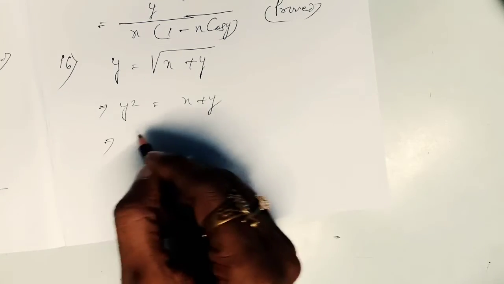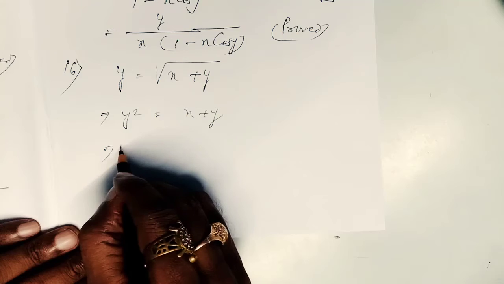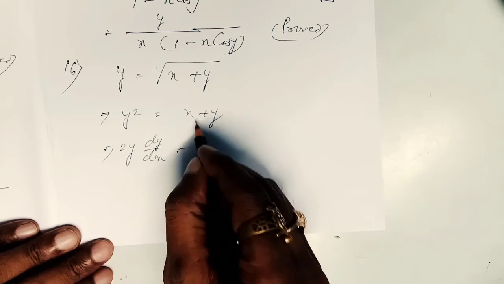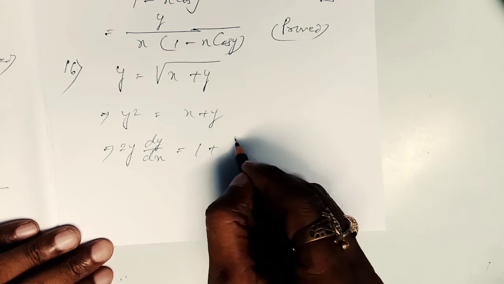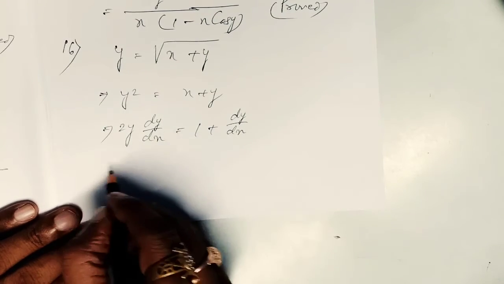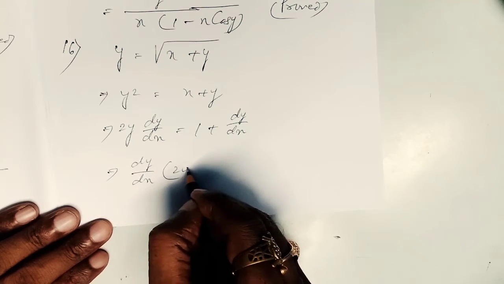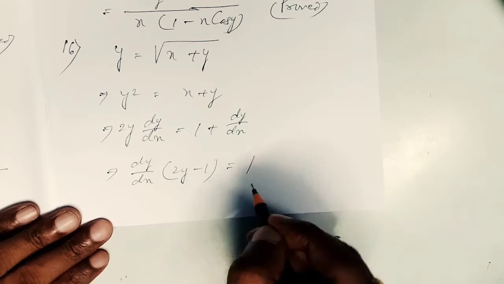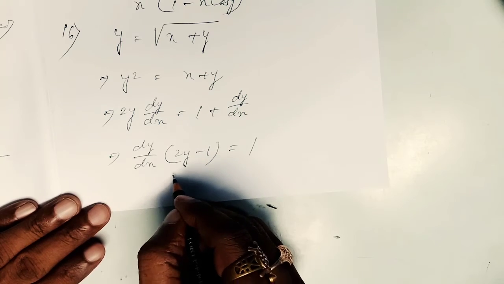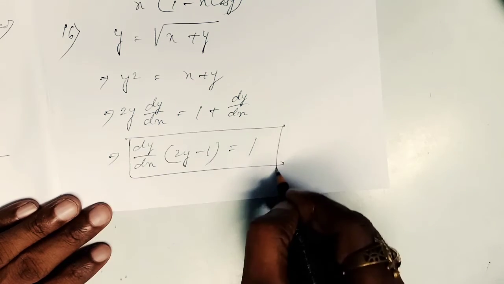Now differentiating both sides with respect to x, 2y dy by dx equals derivative of x, that is 1, plus derivative of y, dy by dx. Now take all the derivatives on one side and take dy by dx common. What is left is 2y minus 1, which is equal to 1. This is the proof. Only two lines sum proved.